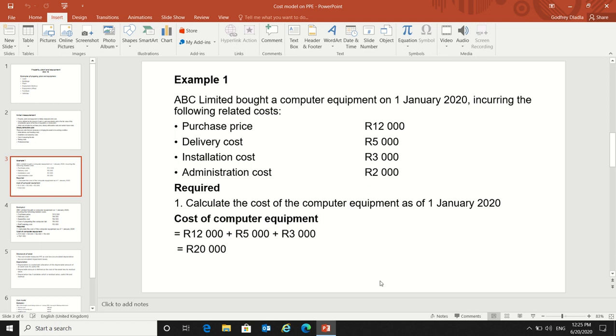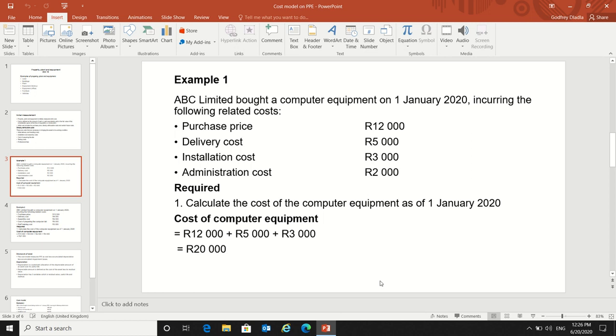Installation, yes, the computer must be delivered and installed to make sure that it is working. Administrative cost, remember, if you look at the first three, once a computer is purchased, delivered, and installed, it is in a working condition.